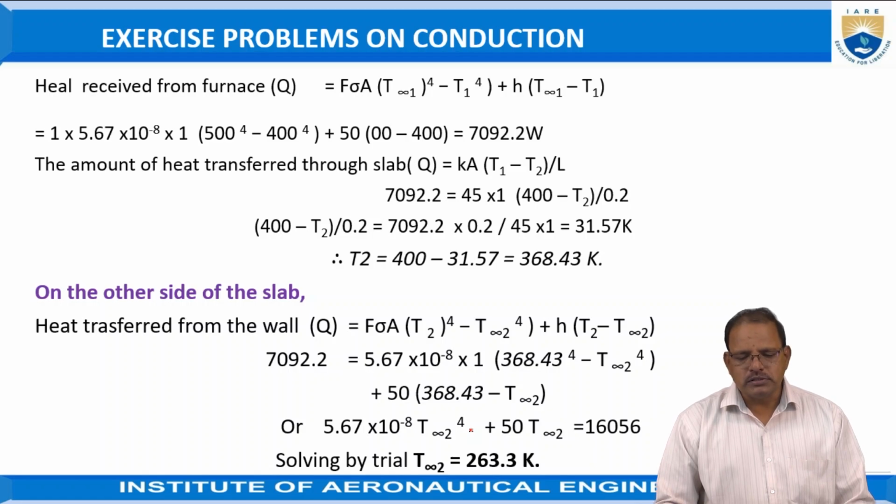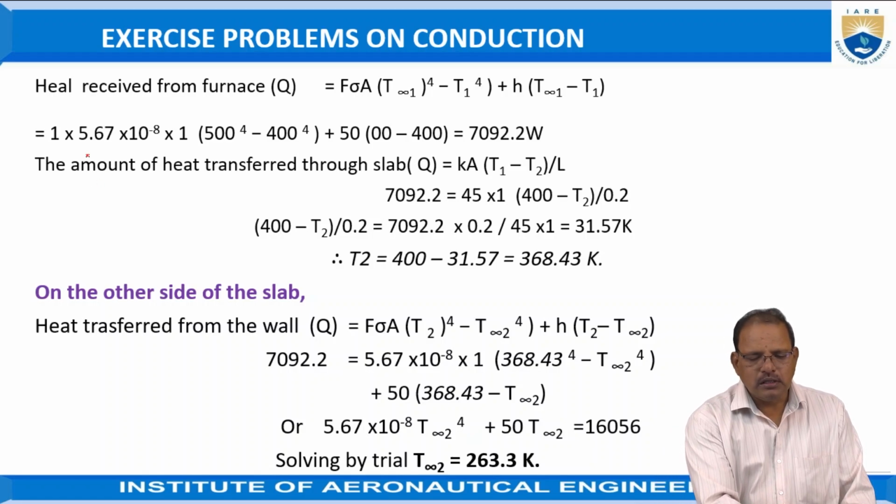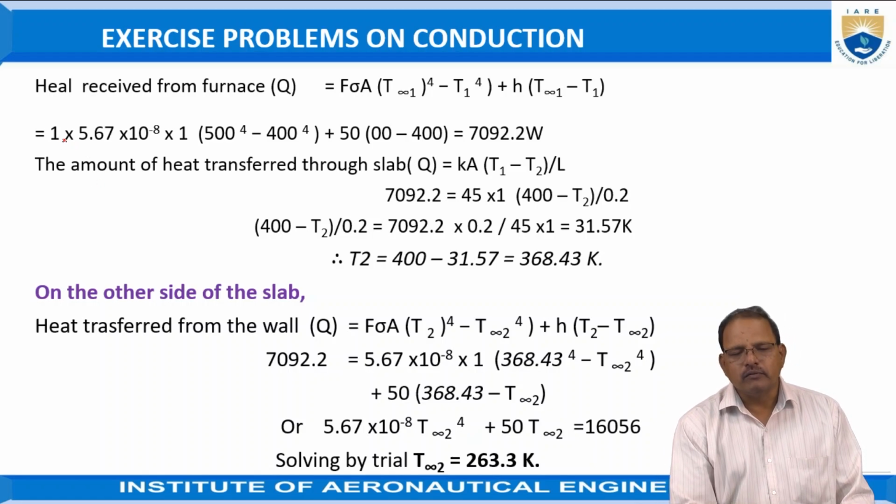Substituting these values in this equation, F is equal to 1, sigma is equal to 5.67 into 10 to the power of minus 8, the Stefan-Boltzmann constant, and area is equal to 1. T alpha 1 is 500 to the power of 4, minus T1, 400 to the power of 4, plus H, which is 50, into T alpha 1, 500, minus T1, 400.